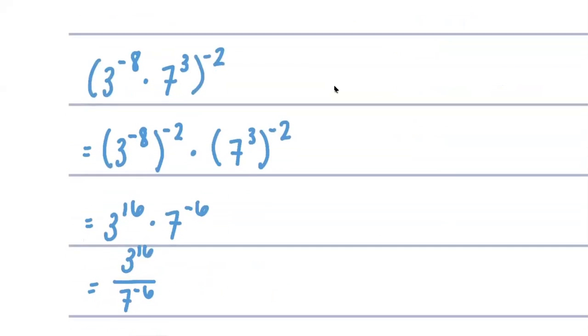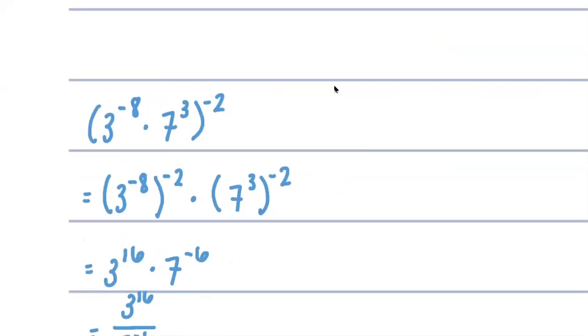Okay, so it does get a bit more difficult than that, okay? So when you have a problem that looks like this, the first thing that you want to do is separate them. So what you're going to do is apply the very outside exponent, in this case it's the -2. You're going to apply that to the inside exponents while you separate the numbers and put parentheses around them.